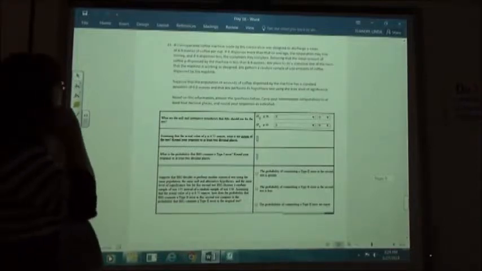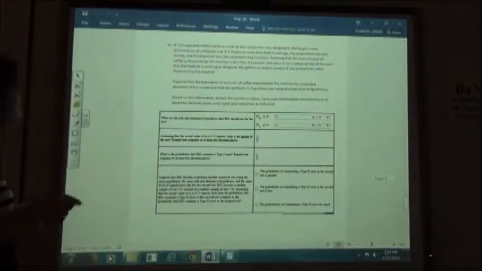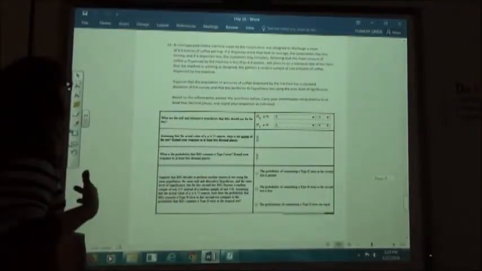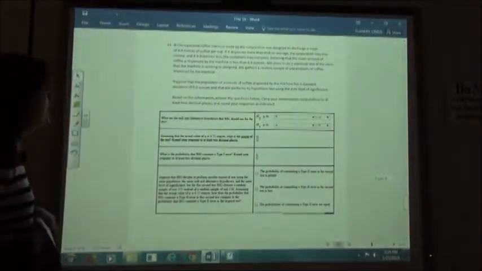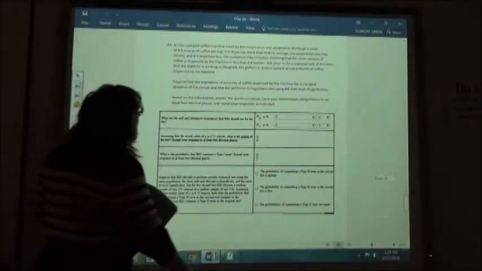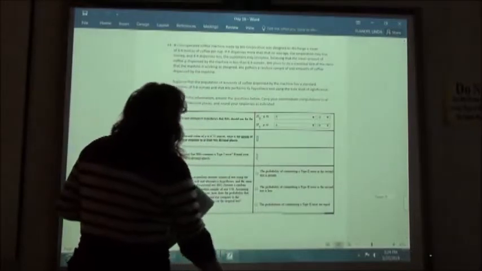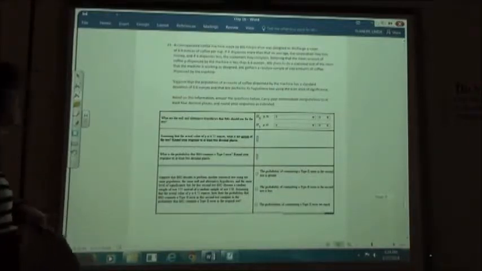Believing that the mean amount of coffee dispensed by the machine is less than 6.9 ounces, Big plans to do a statistical test of the claim that the machine is working as designed. Big gathers a random sample of 150 amounts of coffee dispensed by the machine. Suppose that the population of amounts of coffee dispensed by the machine has a standard deviation of 0.6 ounces, and Big performs its hypothesis test using a 0.01 level of significance.